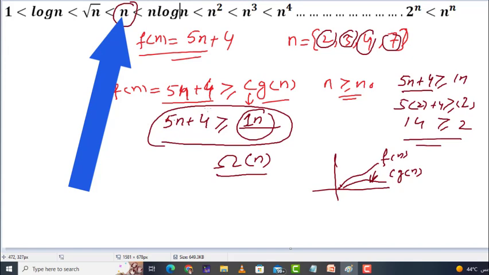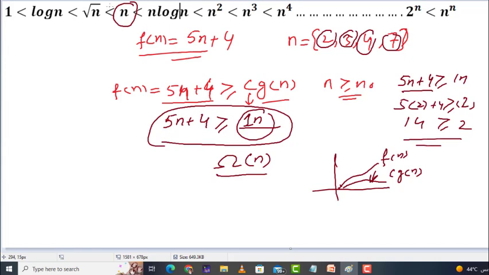But if I put n under the root here, again the condition will be true. So I can write omega of n under the root.